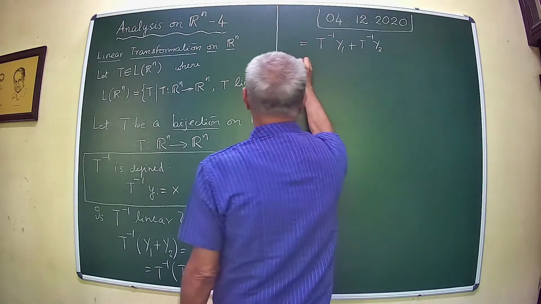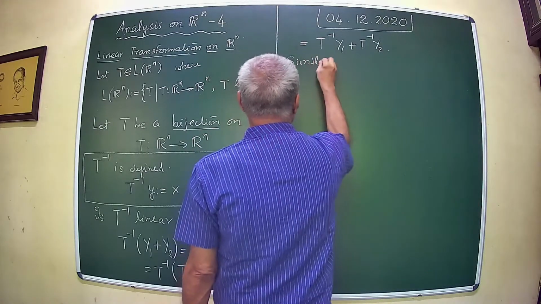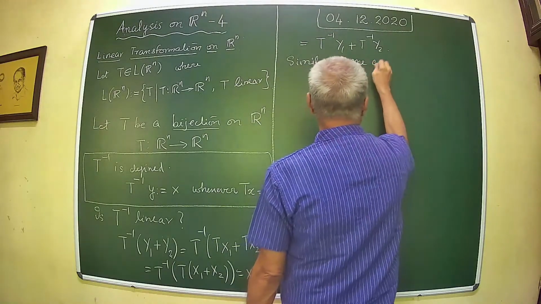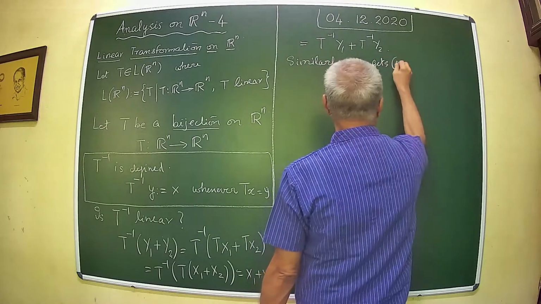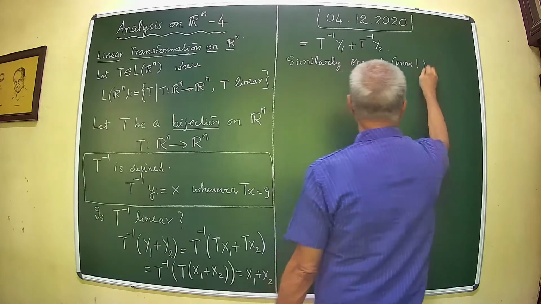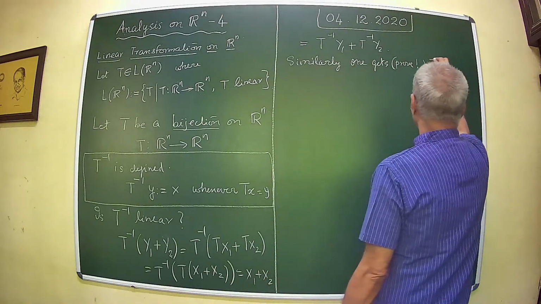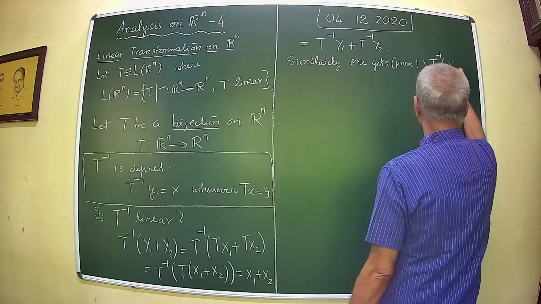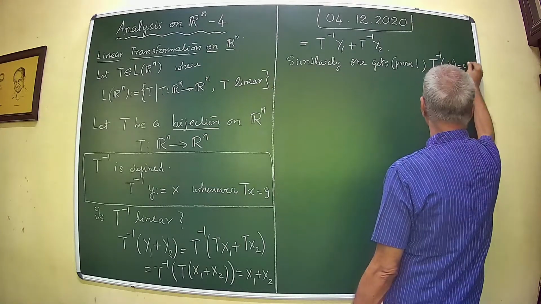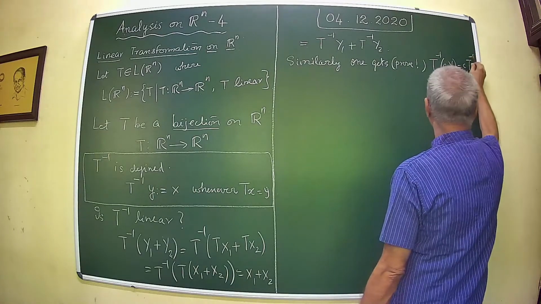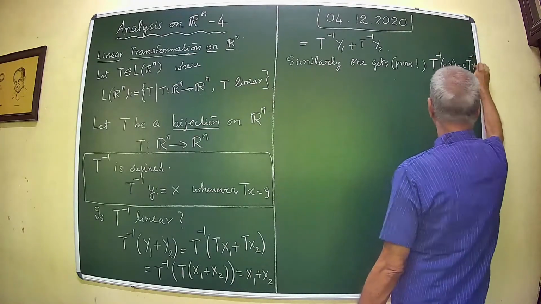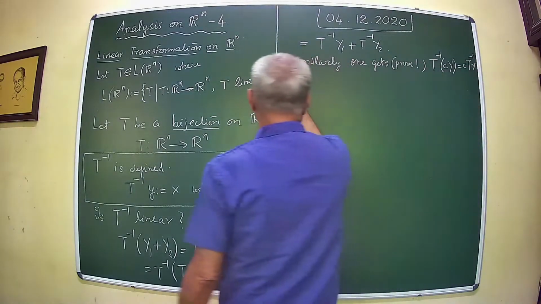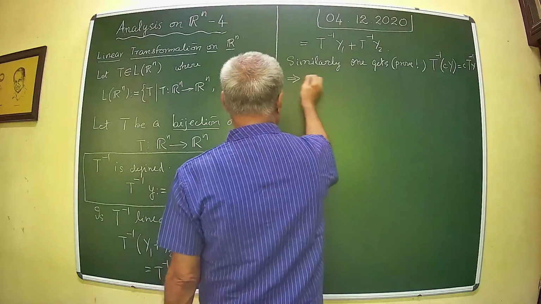Similarly, one gets T inverse of c y equal to c times T inverse of y.